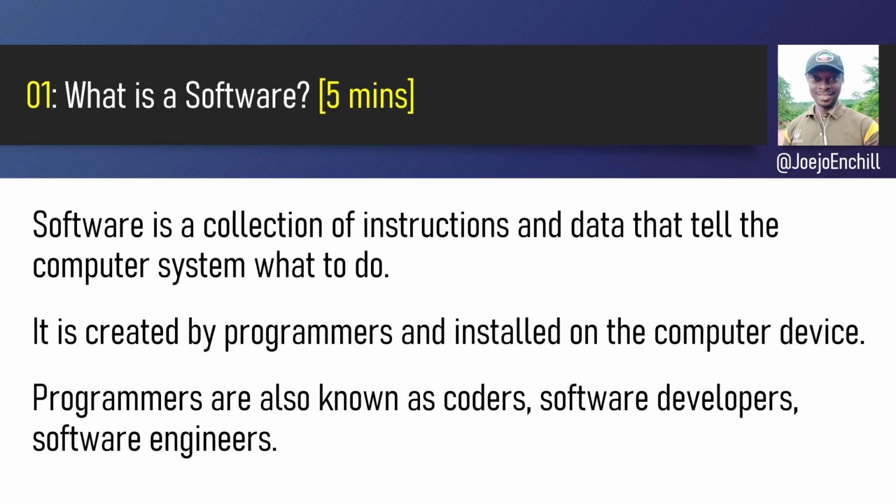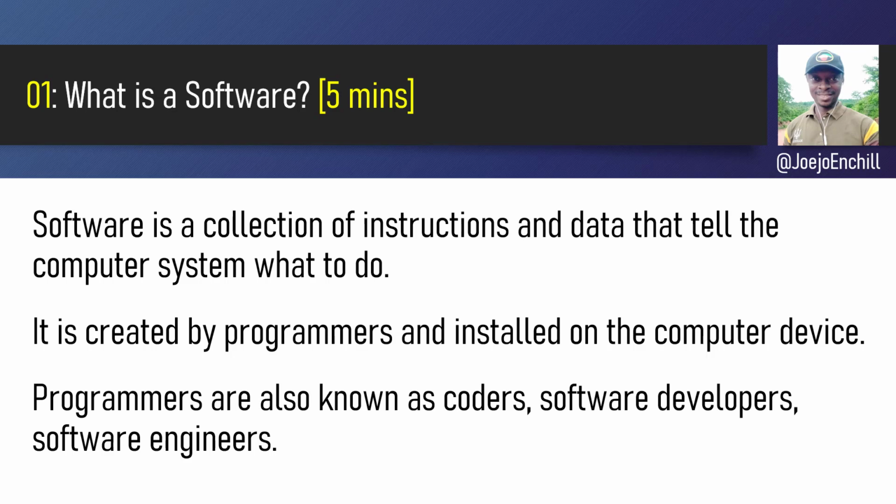Because they are series of instructions, they are created by humans and installed on the computer device. As such, we can say we are programming the computer to do according to what we want.